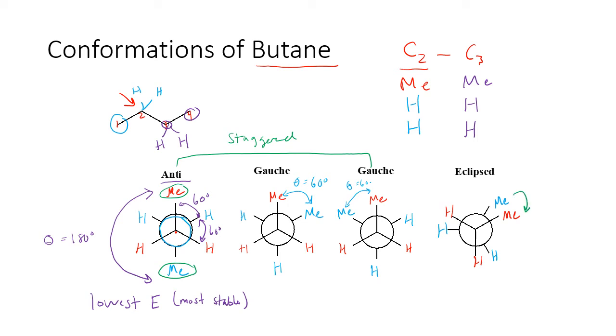Our theta here, the dihedral angle, even though we can't tell how it's drawn, is essentially 0 degrees. And this represents our highest energy, which is our least stable conformation that we could draw. Out of all the possible conformations, the eclipsed conformation with those 2 methyl groups on top of each other is the least stable one for butane.